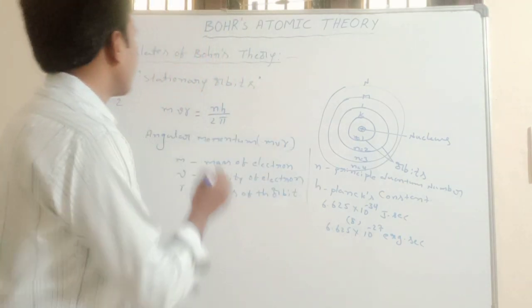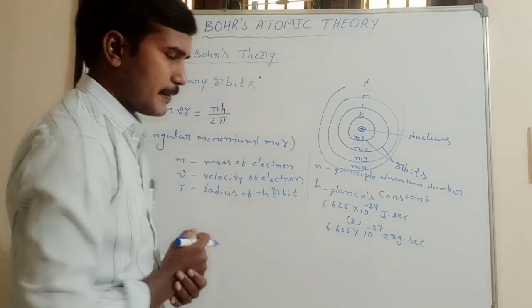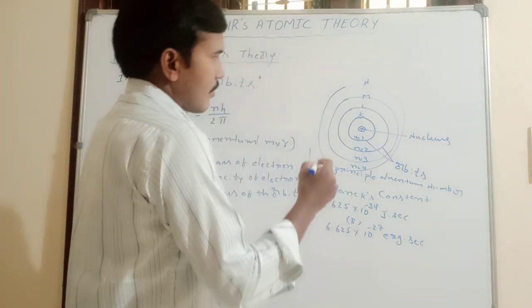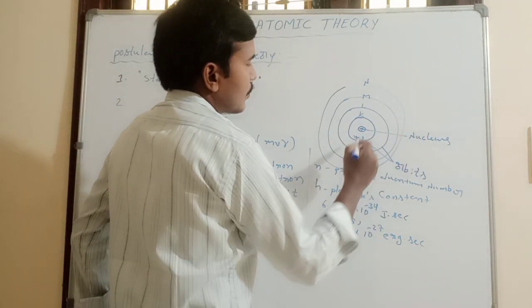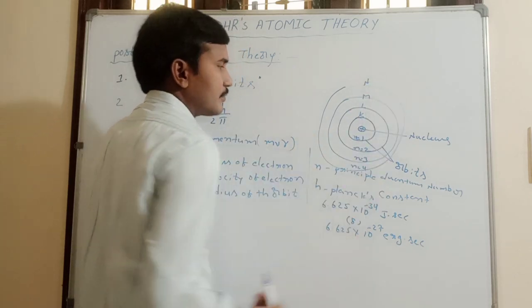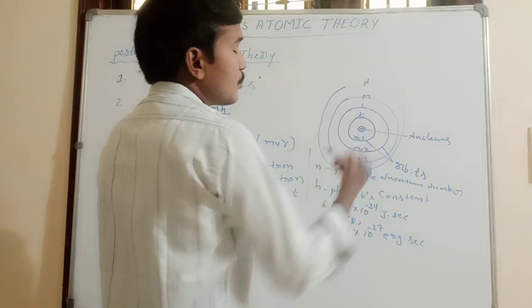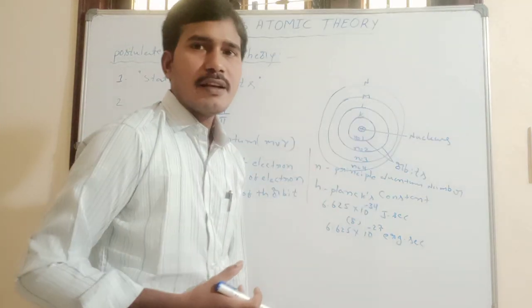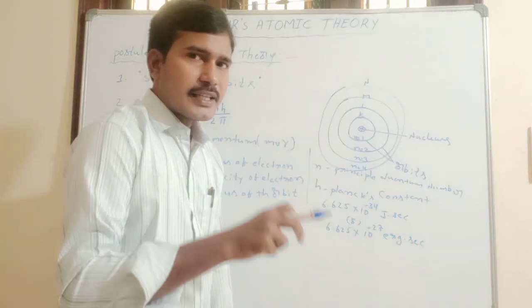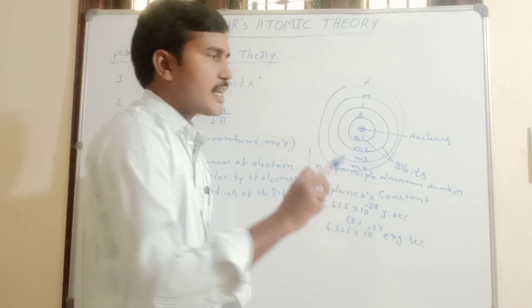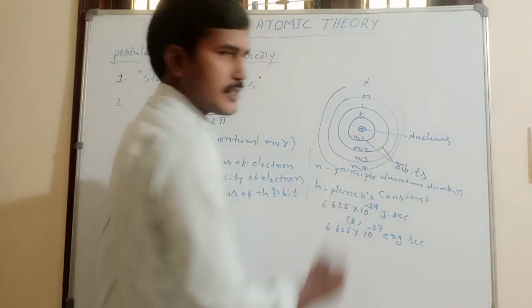Now we will discuss the postulates of Bohr theory. This is a nucleus. Around this nucleus, the orbits are there. The electron revolving around the nucleus with definite velocity in certain fixed closed circular paths are called orbits.